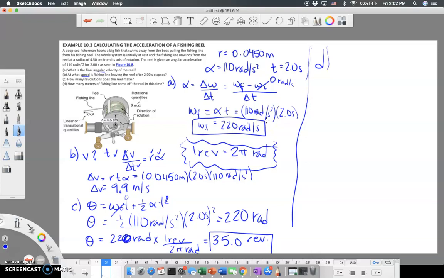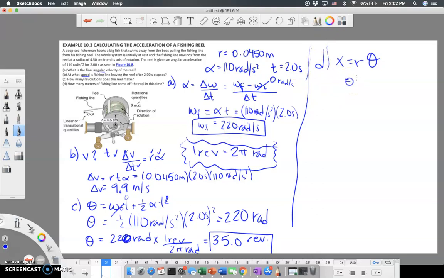So that's where that equation that I just talked about will come in handy. So my distance or meters, the length, is going to be equal to my radius times the theta, or my radians.